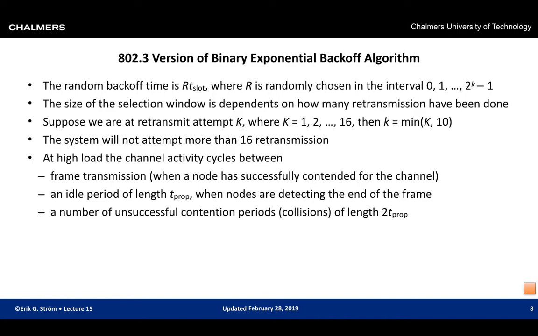So we continue here up to 10. And then we have 11 up to 16 is the last time we try to transmit the frame before we give up. Okay. And then to find small k from large k, then k is the minimum of capital K and 10. So what does that mean?